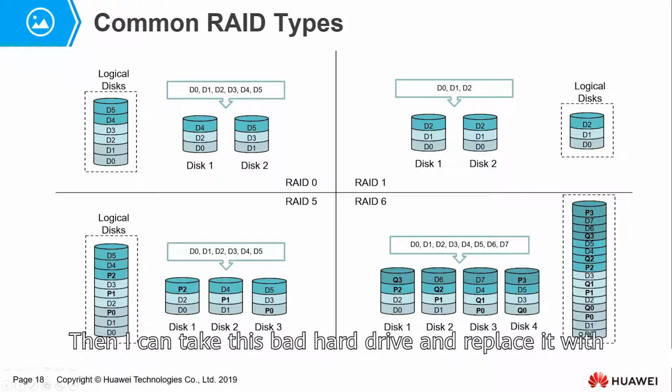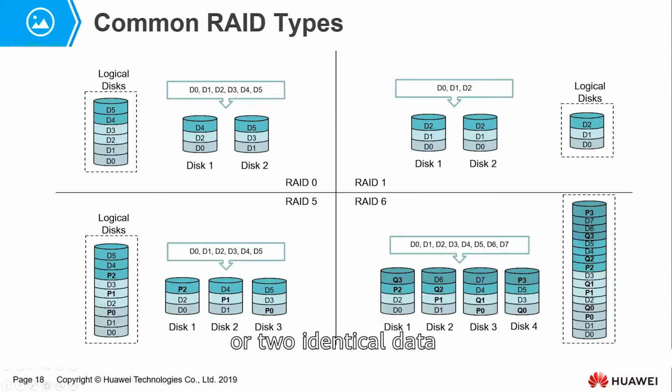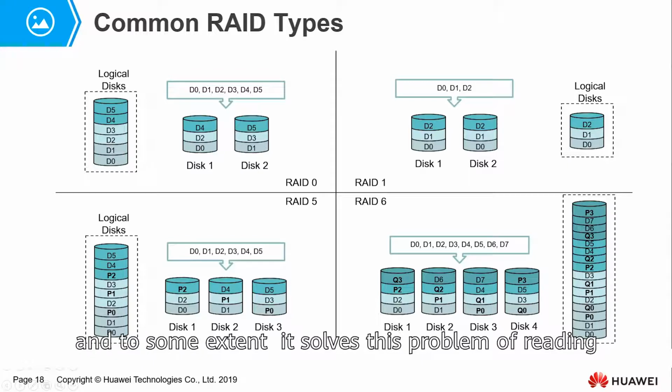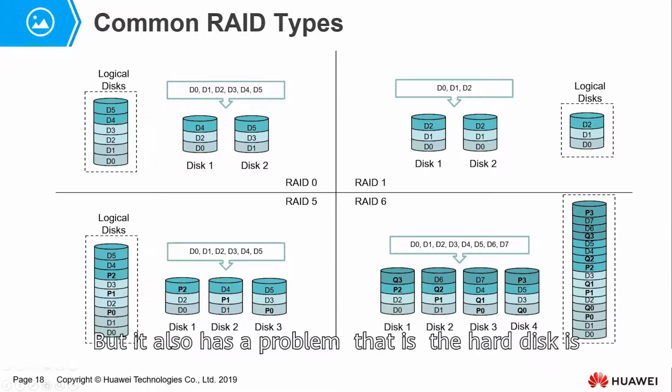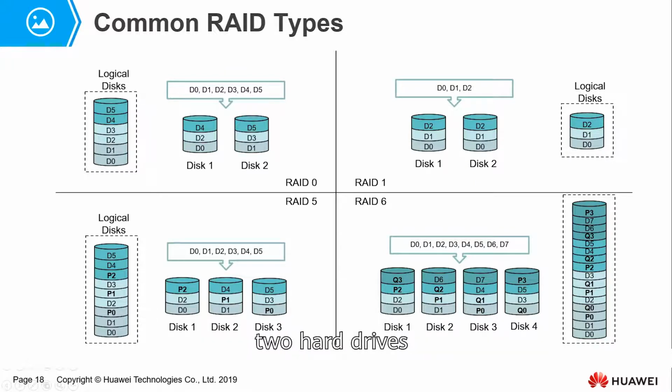Then I can take this bad hard drive and replace it with a new hard drive to do data synchronization, giving two identical copies of data. RAID 1 solves the problem of data security, and to some extent it solves the problem of reading and writing. But it also has a problem, that is, the hard disk is too wasteful. I can only get one hard disk of space from two hard drives.